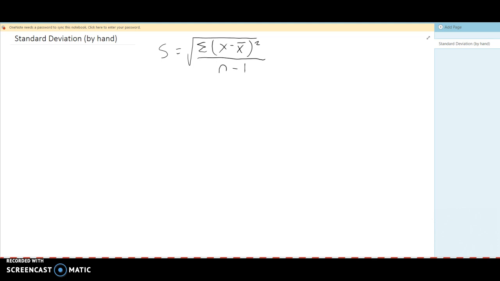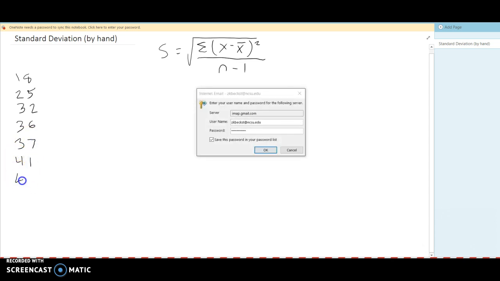So I'm going to write down 7 values that we're going to use for our data right now. So we've got 18, 25, 32, 36, 37, 41, and 42.